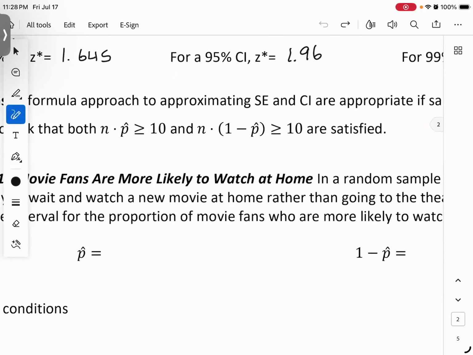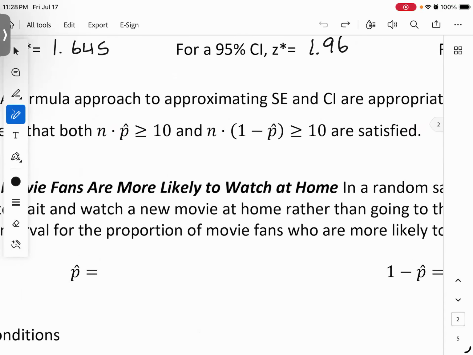And again, to keep this elementary statistics, these are the 2 conditions that we're going to check are satisfied in order for us to have a green light that the normal distribution is an appropriate distribution for us to be using.